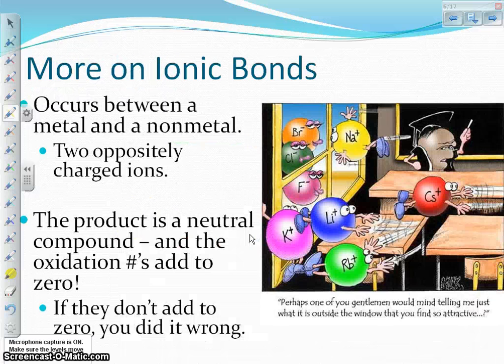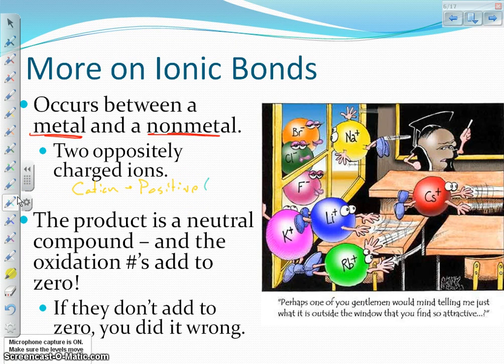Okay. A big key here is that these are always happening between a metal and a non-metal, and between two oppositely charged ions. So realistically, you should remember that we have our cation, which is going to be positive. And if you picked up anything from the last slide, this happens to be the metal. The metal is going to lose an electron and become positive.